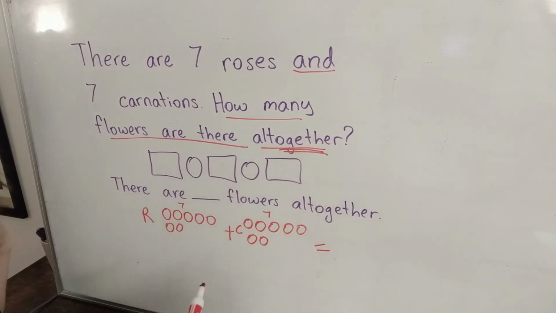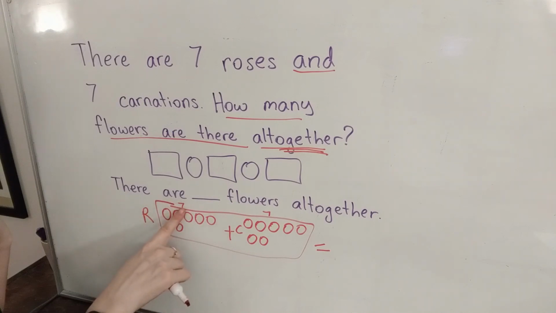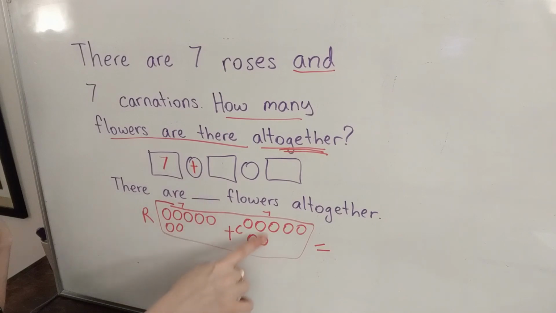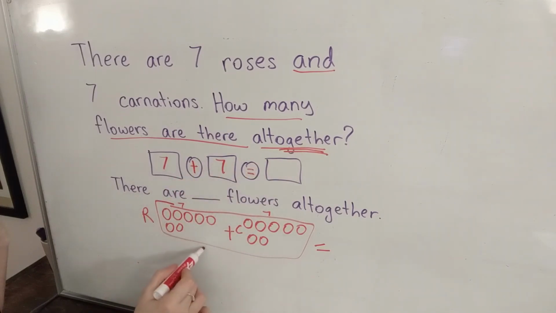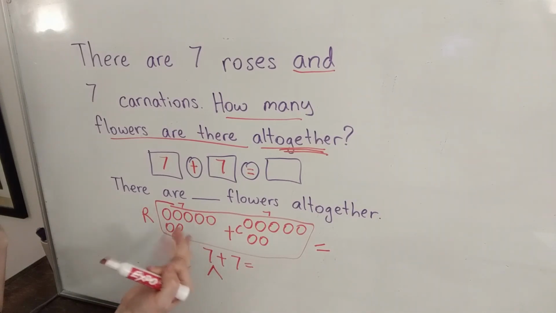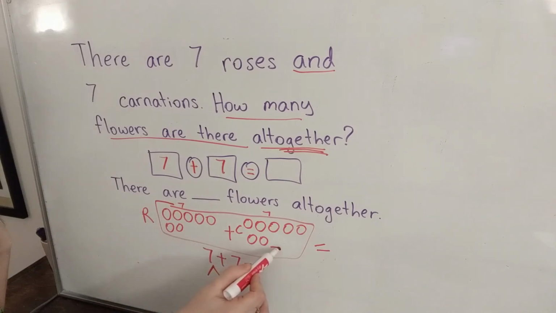There's another clue that tells me I need to add, right? All together. How many are there in all? All together. So notice I wrote 7 plus 7 equals what? 7 plus 7 equals what? 7 needs how many more to get to 10? 7, 8, 9, 10. 3 more. 8, 9, 10.